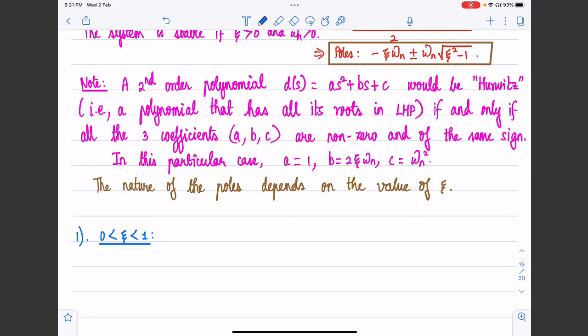So consequently, what will happen? Zeta squared minus 1 will become negative, and then we are going to take a square root of a negative number. So the poles will become complex conjugate.